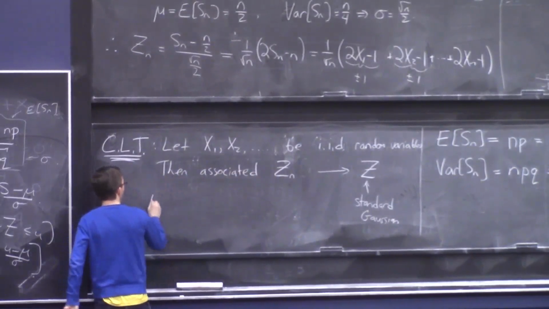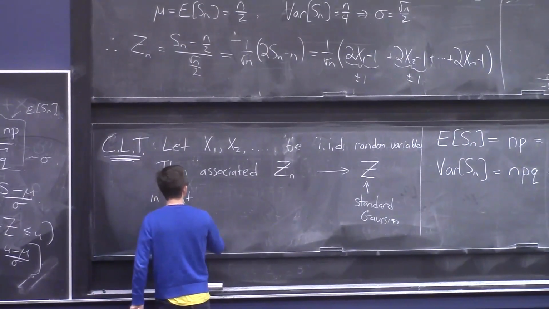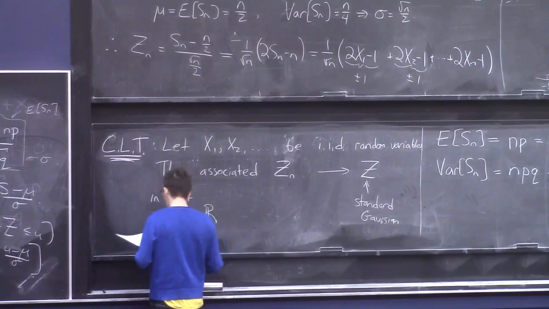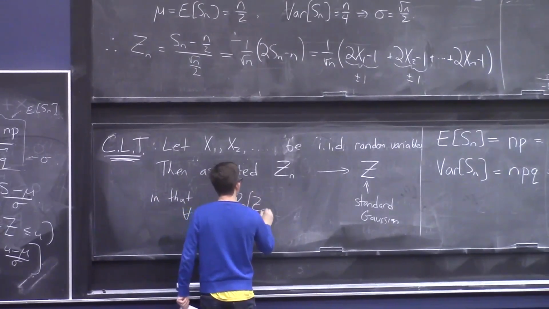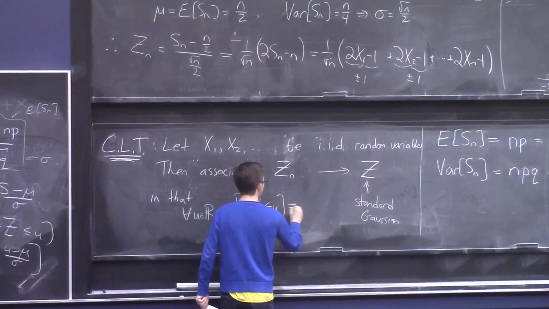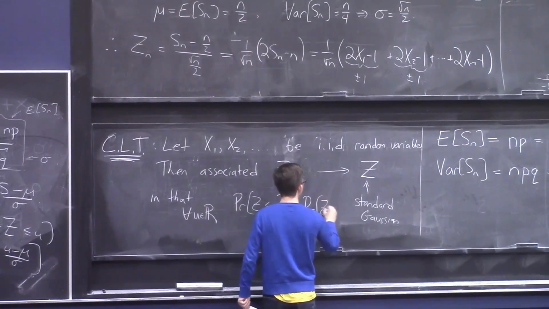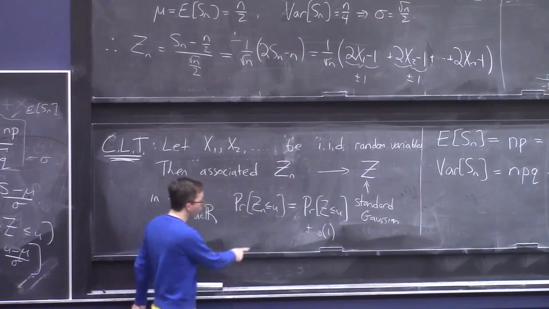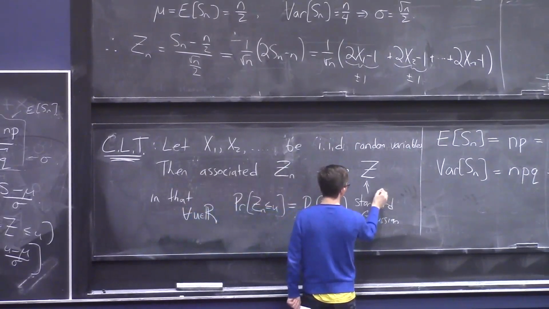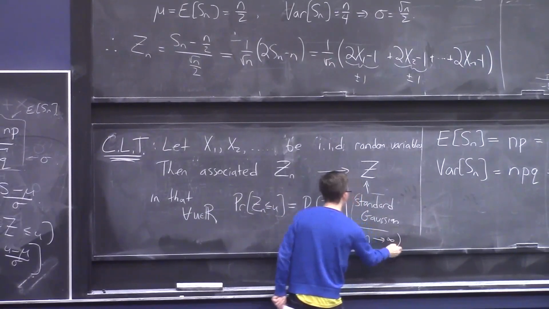In the sense that for all real numbers u, the probability that Zn is at most u is equal to the probability that a Gaussian is at most u plus or minus little o of 1. And this little o of 1 is with respect to n going to infinity.